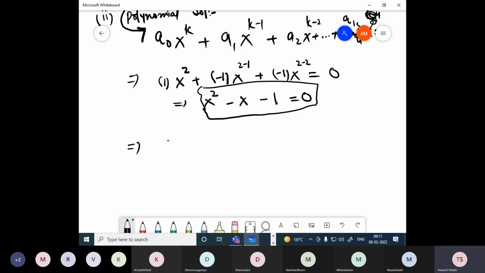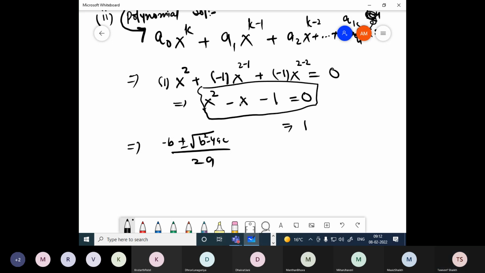Okay, the solution will be, if I had to do splitting of the middle term or I had to find the discriminant. These are the two ways to solve it. So to find, minus b plus minus under square root of b square minus 4ac divided by 2a, that will be the solution. So minus b means what?